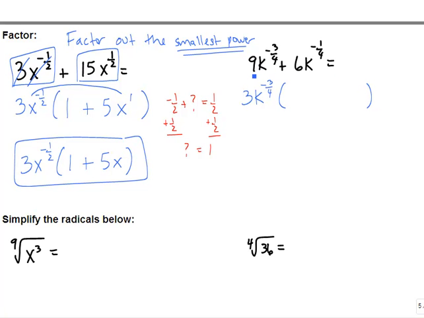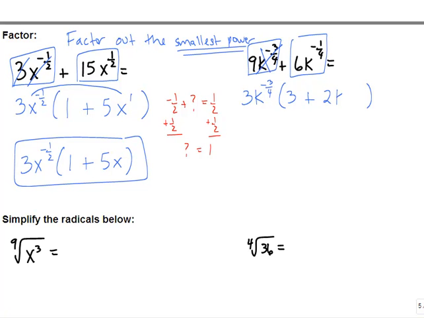In parentheses, we want to write what's left over. So from this first term, I pulled out only a 3, so I need to have a factor of 3 left to get to 9. And I pulled out all of these k's, so there's nothing left but that 3. Then we have our plus sign. For the second term here, I pulled out a 3, but I had 6, so I have a factor of 2 left, and I do have some k's left over because I didn't pull out the same amount of k's.